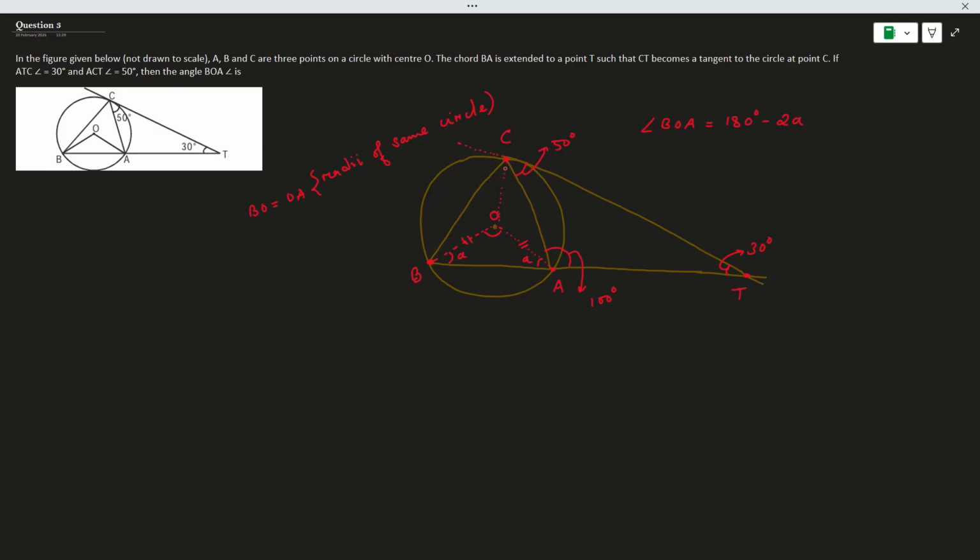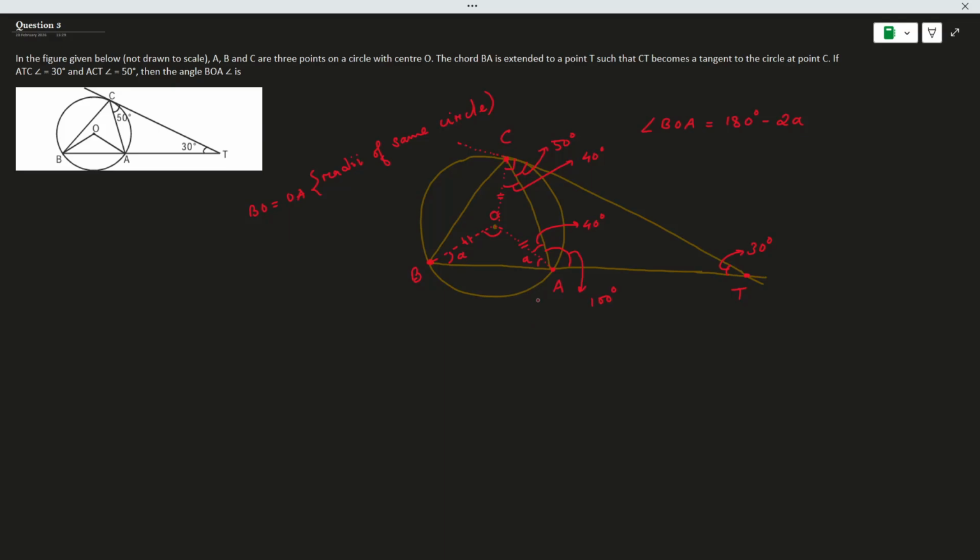That means this angle is 90 degree. This angle is 50 degree. So this angle will be 40 degree, right? Total must be 90. We are given this is 50, so this must be 40 degree. If this is 40 degree, what will be this angle? This angle will also be 40 degree. Why? This side and this side are equal. So angles opposite to equal sides are equal. So these two angles are 40 degree.